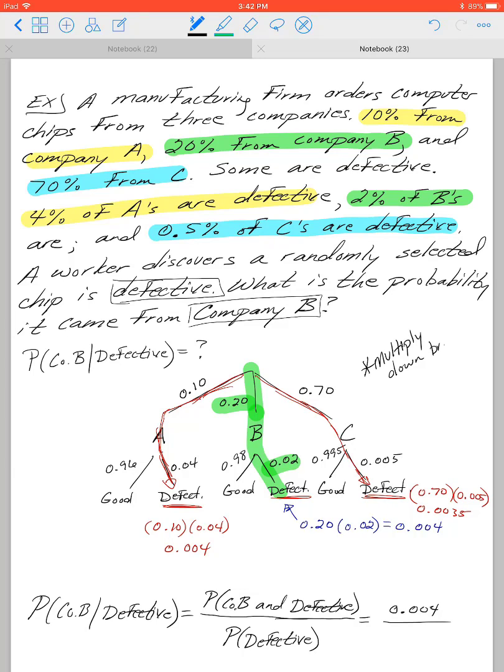But then as you collect different branches, because you're saying this path would qualify, or this path would qualify, or this path would qualify, whenever you collect different branches, that's actually an OR. So collecting different branches is OR, so you are adding. In other words, I need to add down here 0.004 plus another 0.004 plus another decimal. I hope no math person ever hears me saying these decimals this way. Okay, let's see what we get.